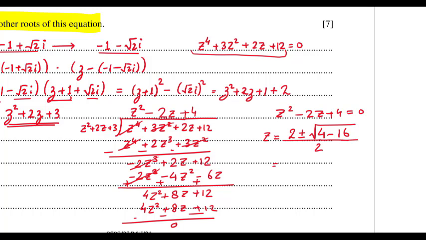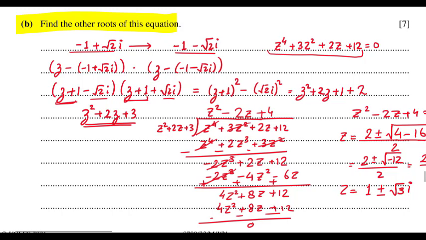It means it is 2 plus minus root of -12 upon 2, and 4 times 3, the 2 will come out, and this is -3. Dividing by 2 everywhere, we are left with 1 plus minus √3 i, because root of -1 is i.